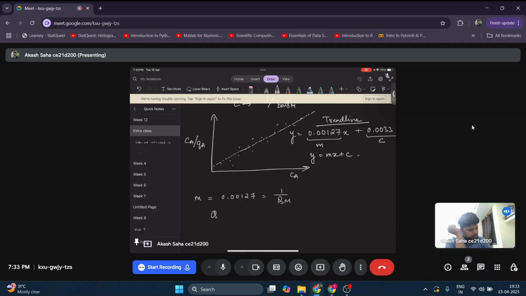So my Qm, that is the first parameter, will be 1 by 0.00127, which is about 787.4 per gram. Now, if I want to change into microgram per gram, I will just multiply by the molecular weight of the contaminant.